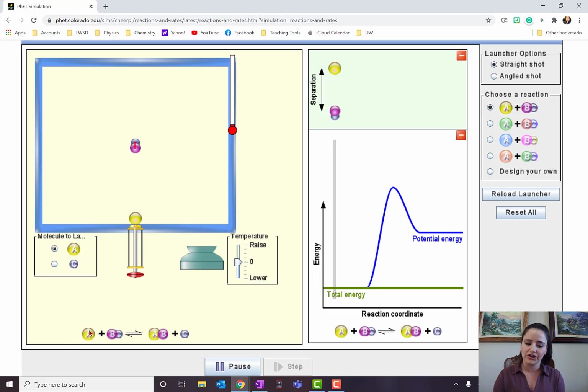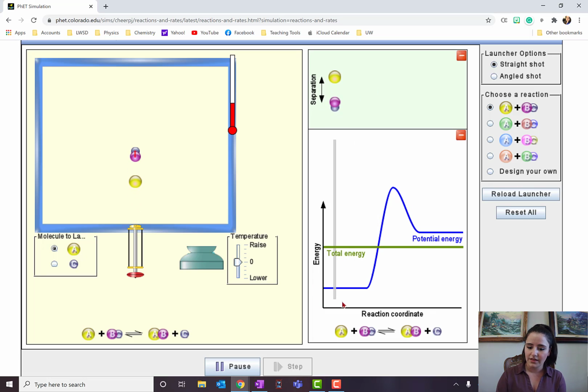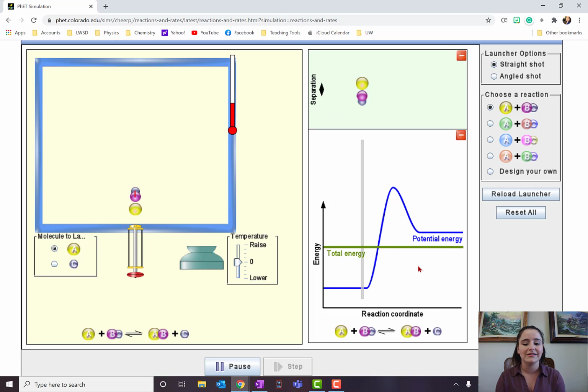Here we have a reaction, A reacting with BC to produce A, B, and C. Now, if I put some energy into it and I let these bounce, notice they're just going to bounce off of each other, okay? This right here is the reaction energy profile. On the left side, we have the reactants, and on the right side, we have the products. And this green line corresponds to the energy of the system right now.